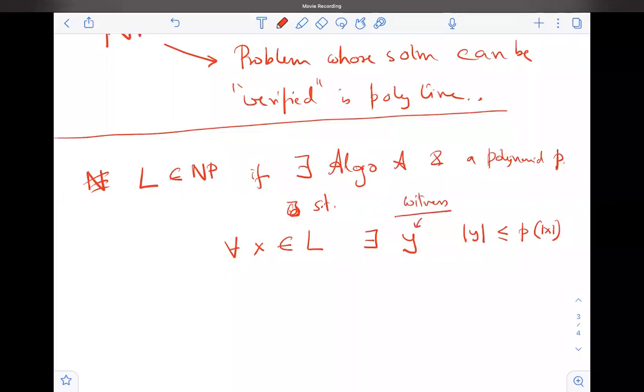Such that A of x comma y is 1. Now that means it's a witness.